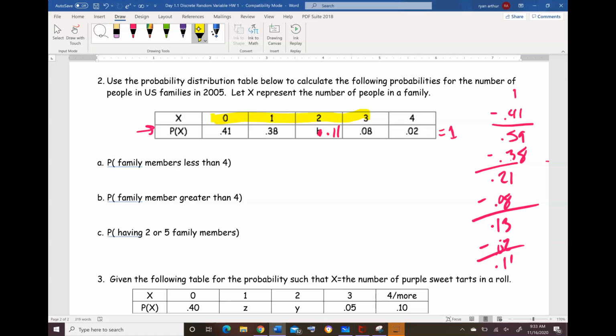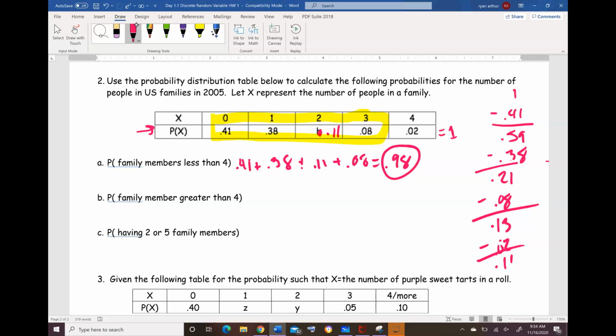So you're going to add up all those probabilities. So you would say 0.41 plus 0.38 plus 0.11 plus 0.08, and you would get 0.98. So there's a 98% chance that families have less than 4 members.